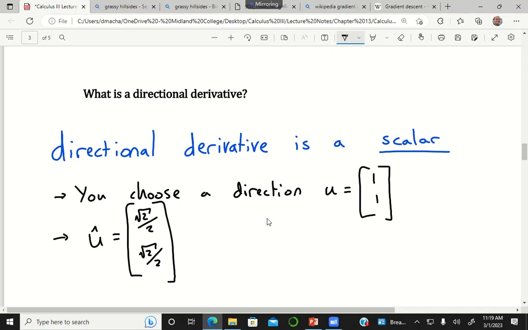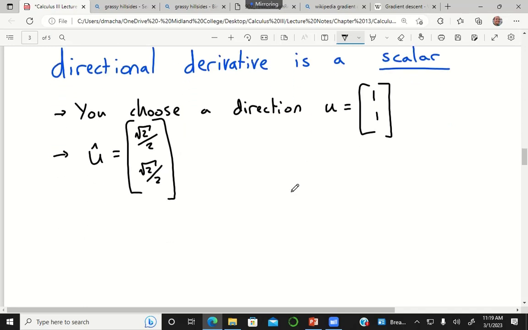And then if I want to take the directional derivative of my function f, what I do is I take the gradient of f and I dot product with the unit direction vector. And this is my directional derivative.